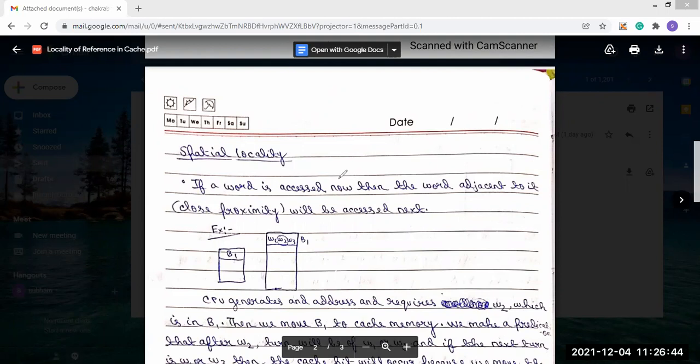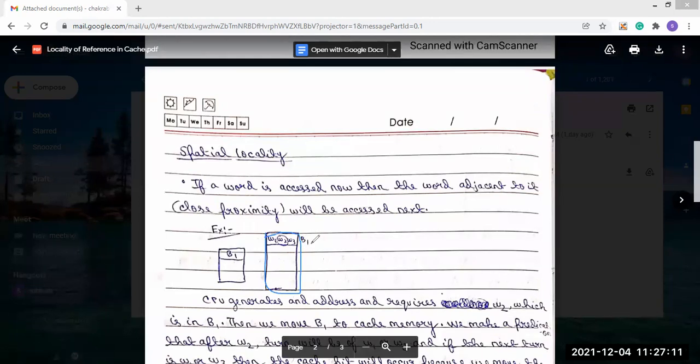Let's take an example. Let's say the CPU generates an address and it requires W2, the word number 2. Let's say this is our main memory, and this main memory is divided into blocks.